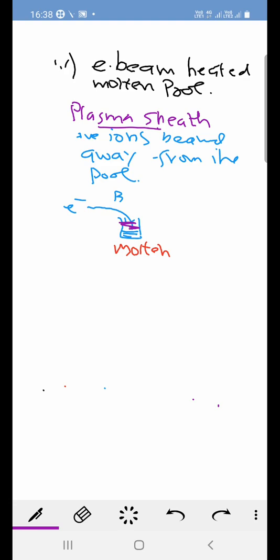This plasma sheet will eject out the positive ions, and the same magnetic field which was allowing the electron to go into the pool will cause the positive ions to go out of the pool. These positive ions again form an ion current, and it can be used as a feedback loop to control the evaporation rate.